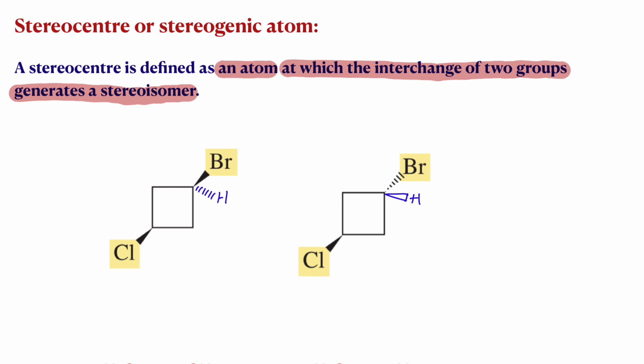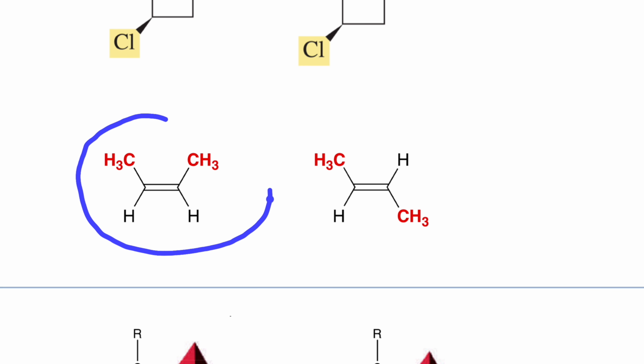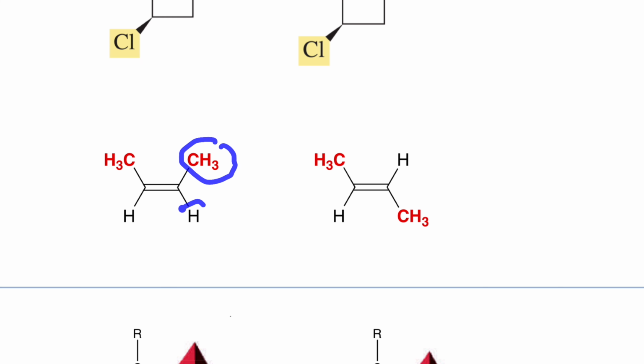Of course, you can also do the same operation at this center. So this is also a stereogenic center, but in this example, we changed the orientation of bromine and hydrogen at this carbon. You can take one more example. So this is one example given. And here you can see methyl group and hydrogen. Here the methyl groups are on the same side, here the methyl groups are on opposite sides.